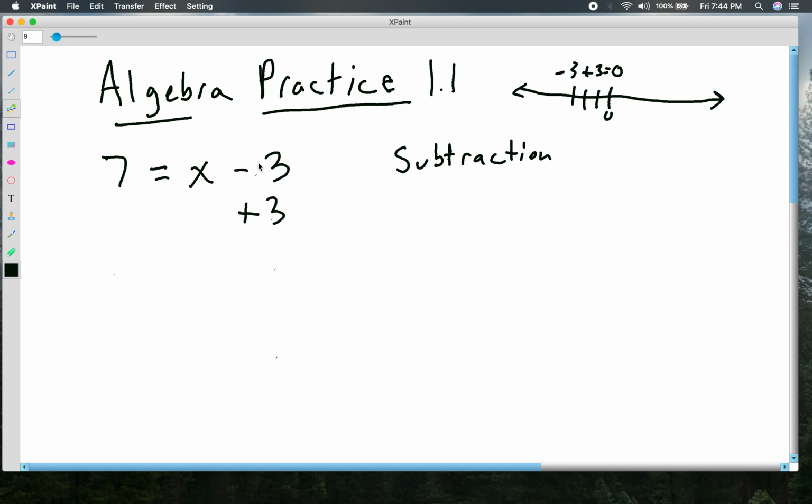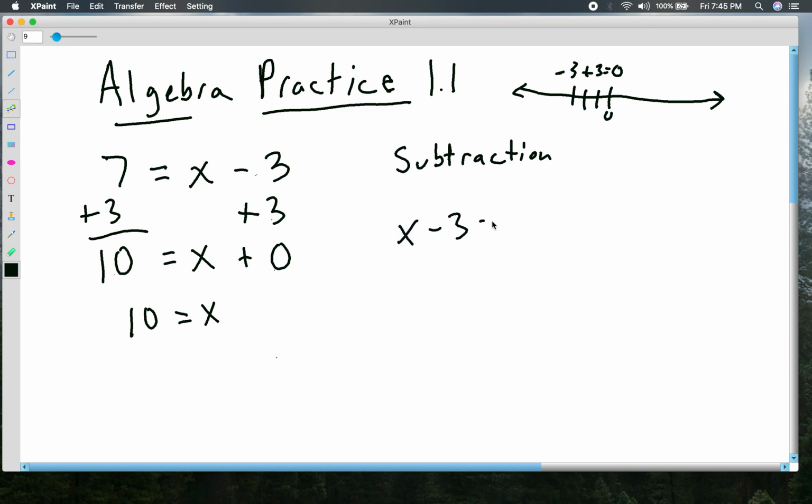So I'm going to do that there. 10 equals x plus 0. Adding 0 to a number doesn't change it at all, so x equals 10.